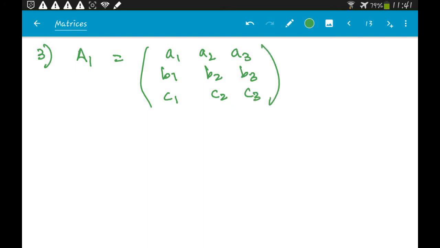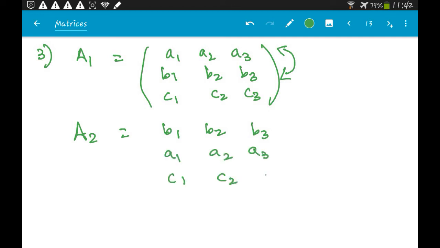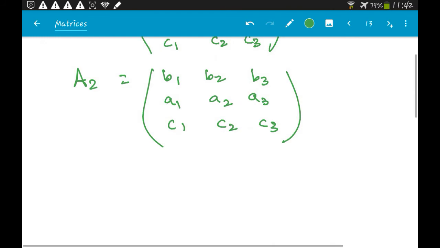And you have another matrix with one of the rows interchanged. So basically interchanging these two rows, it will be B1, B2, B3, A1, A2, A3 and C1, C2, C3.